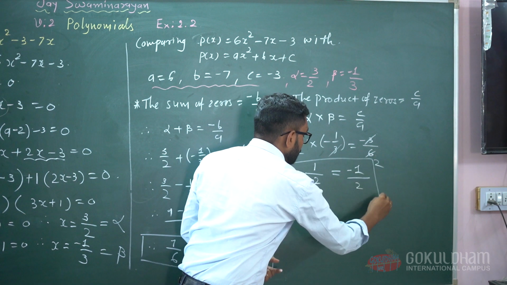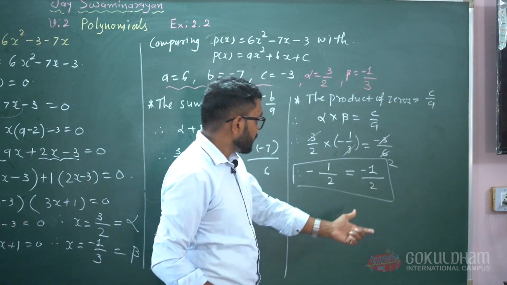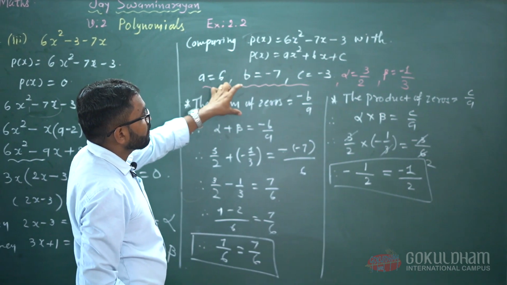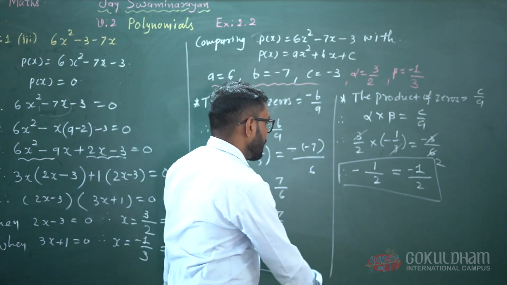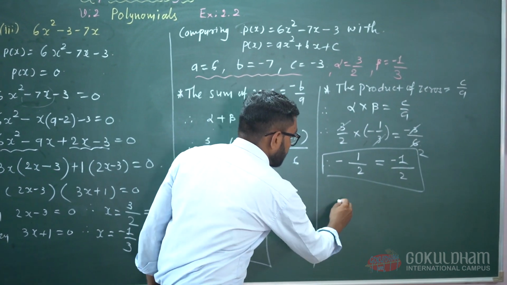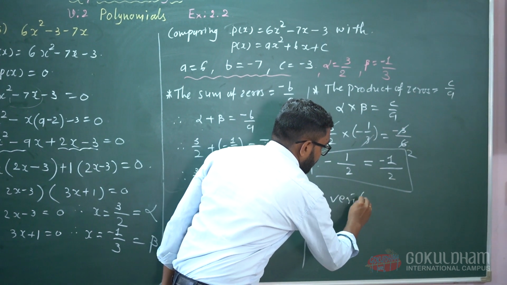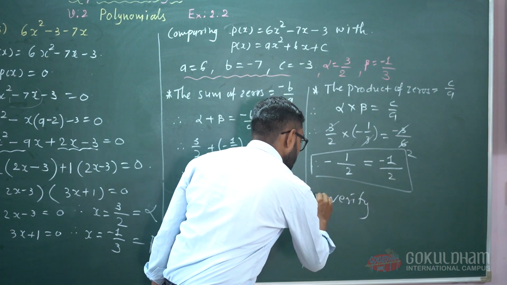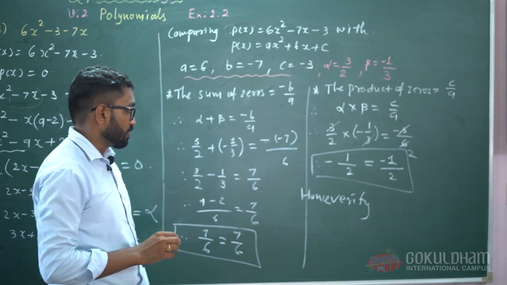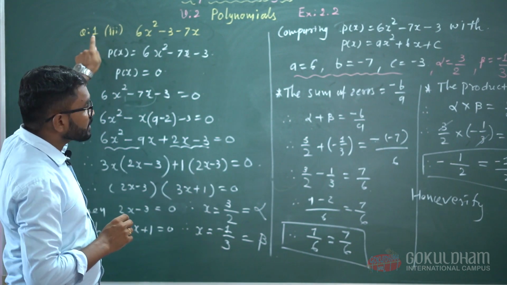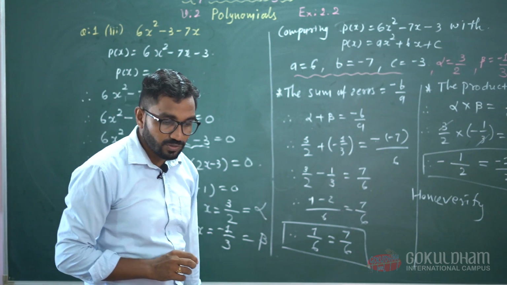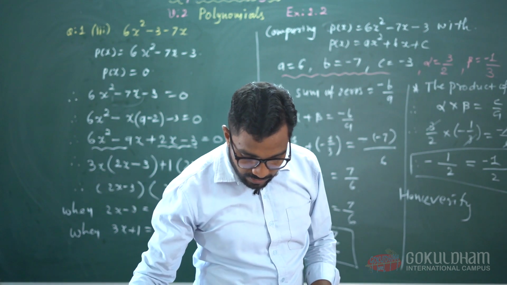So this is also the same value. Hence the relation between zeros and coefficients is verified. So now our question number 1, the third one, is also solved. Then our question number 4.